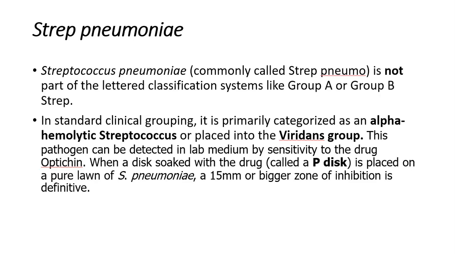The interesting thing is we can detect it in the lab by putting a disc of optochin, which is an antibiotic, called a P disc, and if you get a clearing of 15 millimeters or bigger using your lovely little disc diffusion, that's definitive for strep pneumo.